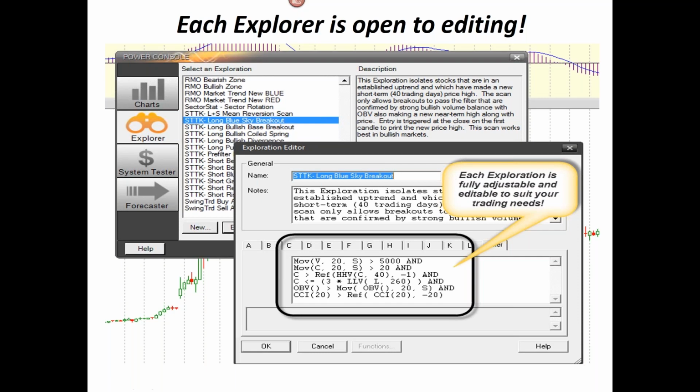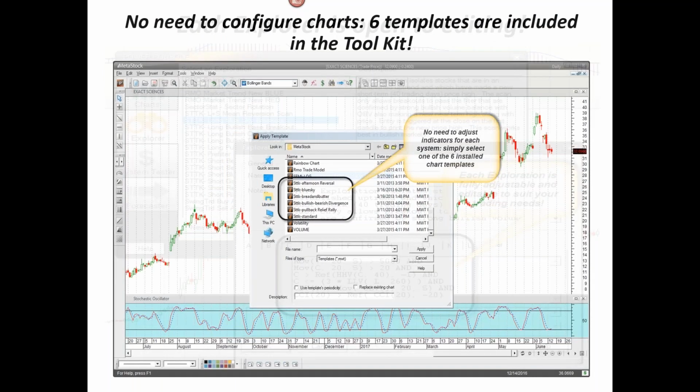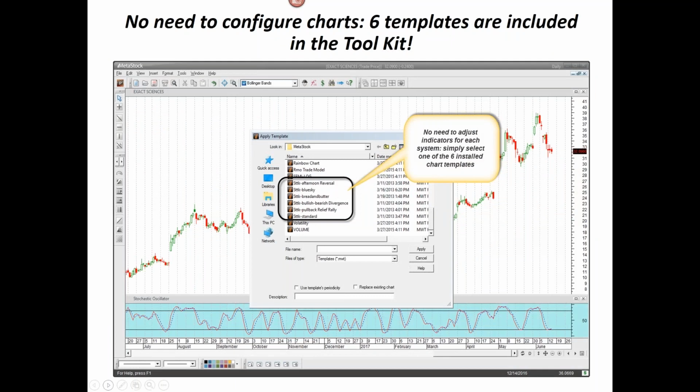And then the Trend Trading Toolkit also comes with 6 chart templates, and these chart templates are tagged to the specific systems that are in the Trend Toolkit. So if you're trading, for example, the Pullback system, which is one of the 2 we'll talk about today, you would simply call up this Pullback and Relief Rally.